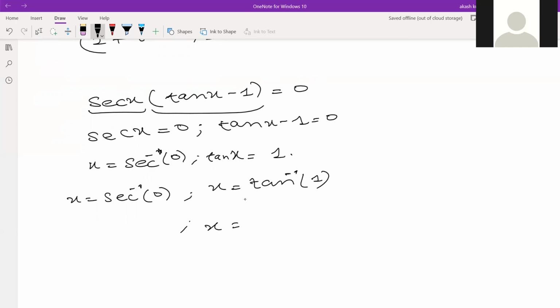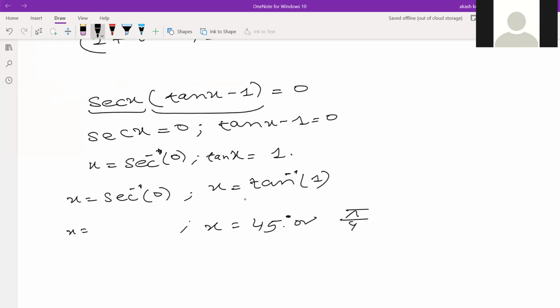Scientific calculator? Can you see the option tan inverse x in the calculator? Yes. Write tan inverse of 1. 45. So 45 degrees, or in radians it will be pi by 4.